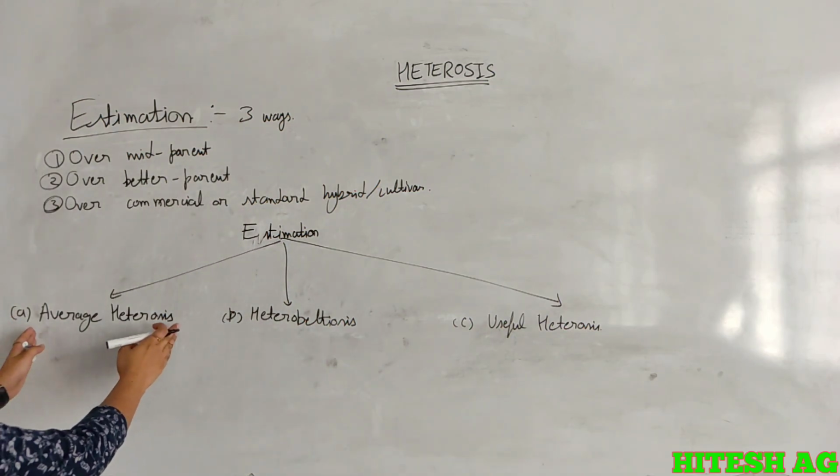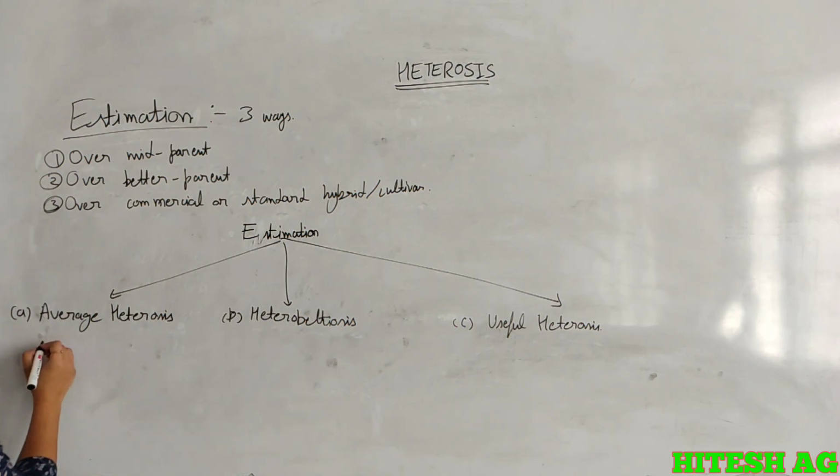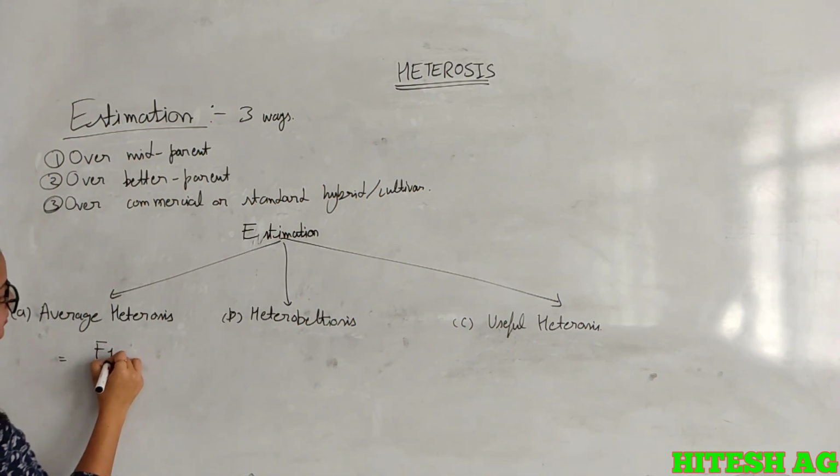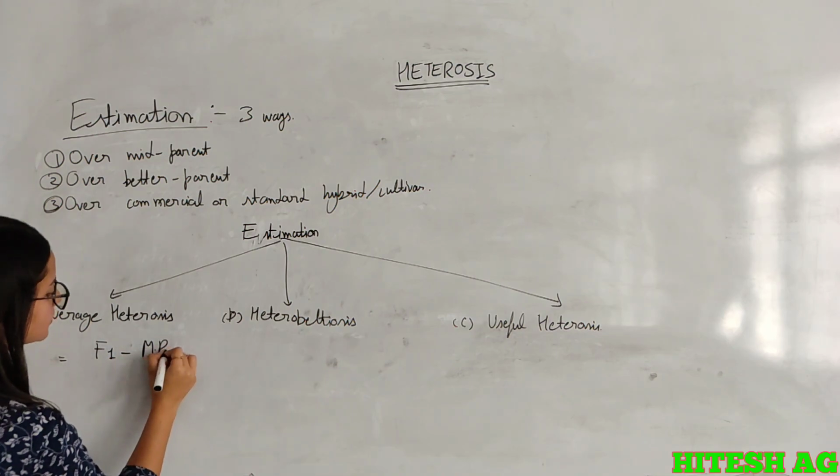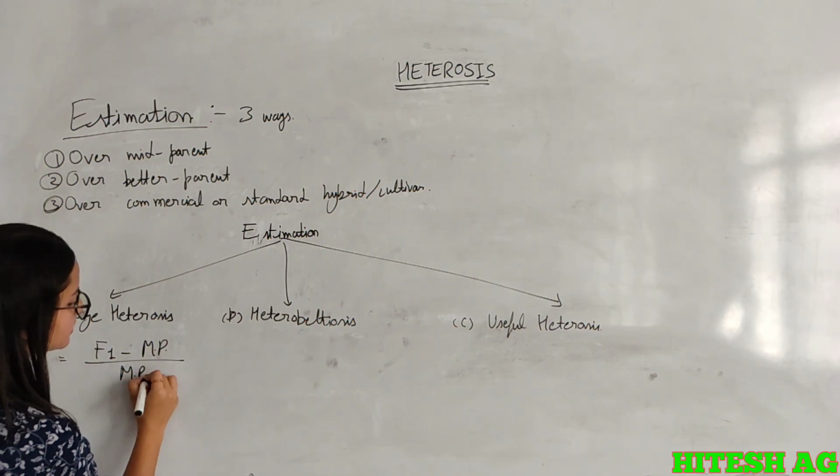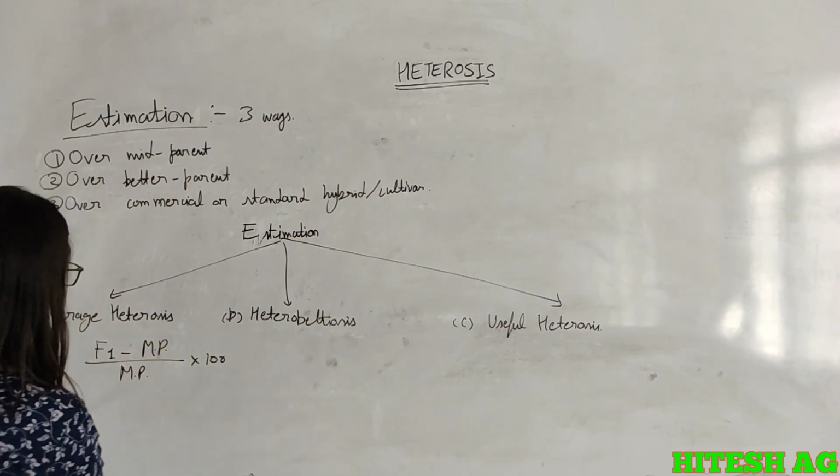So in the case of average heterosis, the formula we use is (F1 minus MP) upon MP into 100. And what is MP?